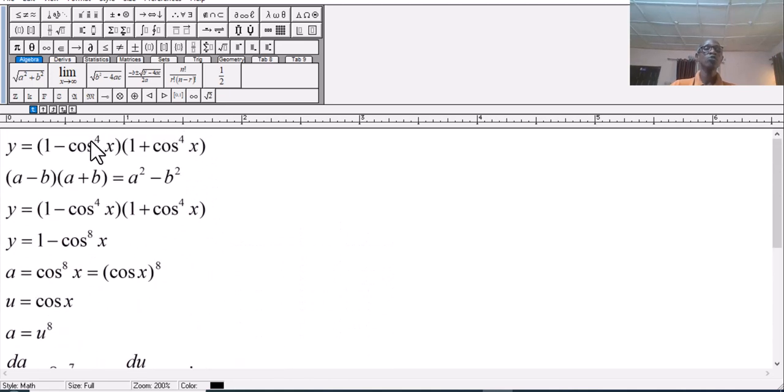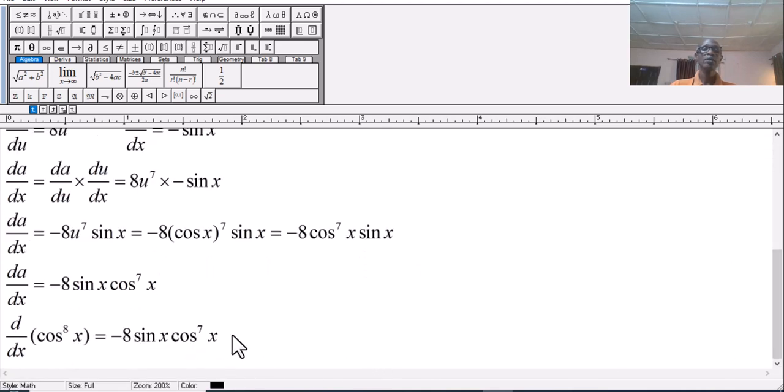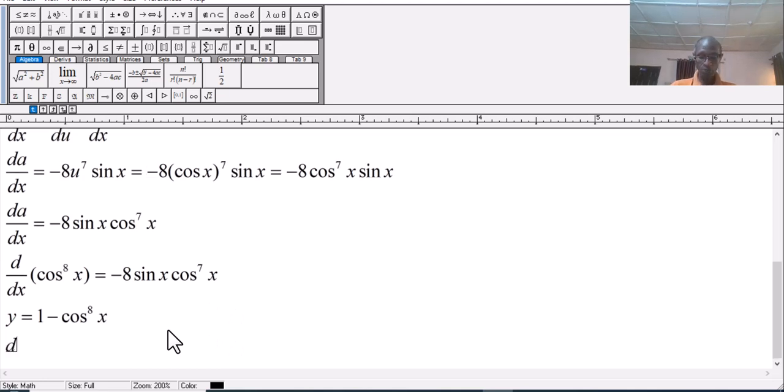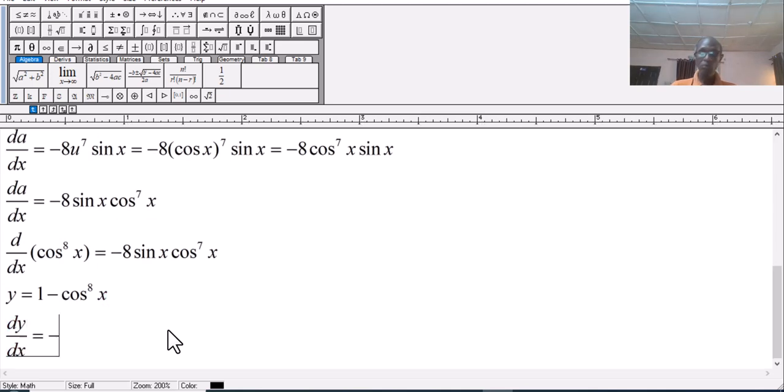Now let's come back to our y. This is our y. So we are now asked to differentiate. That means dy by dx will now be equal to d by dx of 1 minus cos to the power of 8 x.